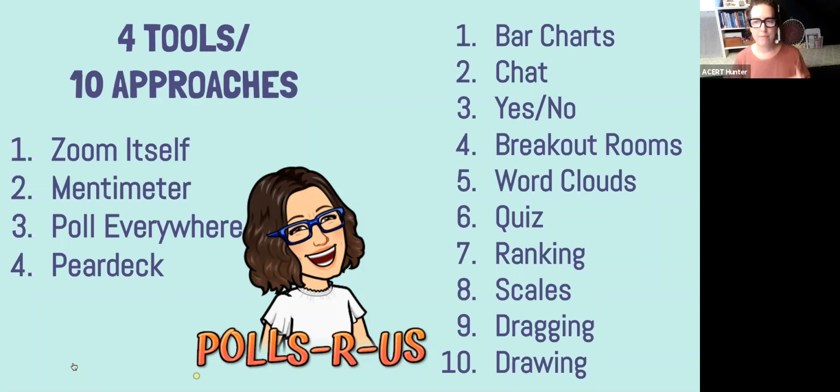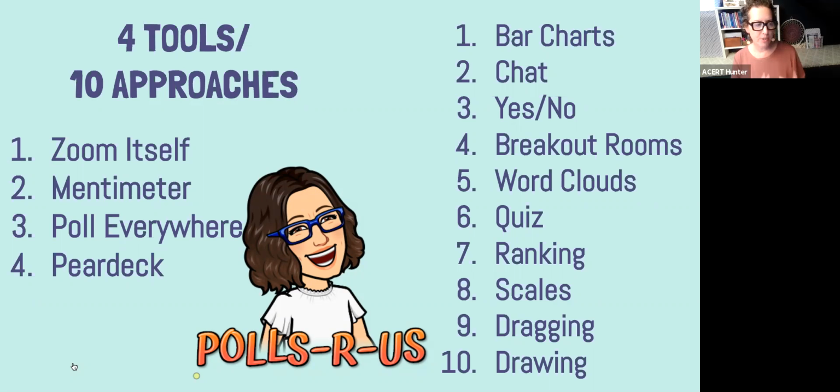Some of you are probably familiar with all of these options, some of you may not be as familiar with some. I do have a preference for Mentimeter and for Peardeck more than Poll Everywhere, but I know Poll Everywhere is used a lot. So I've tried to fumble my way through that.